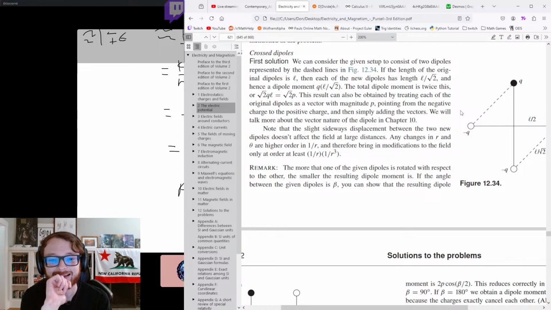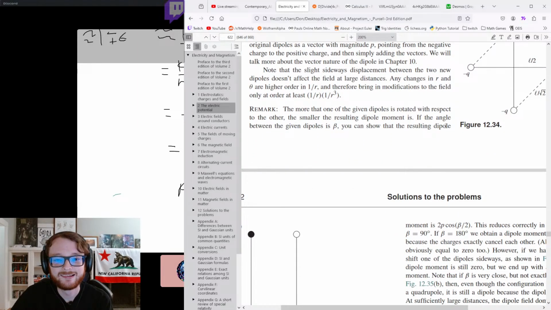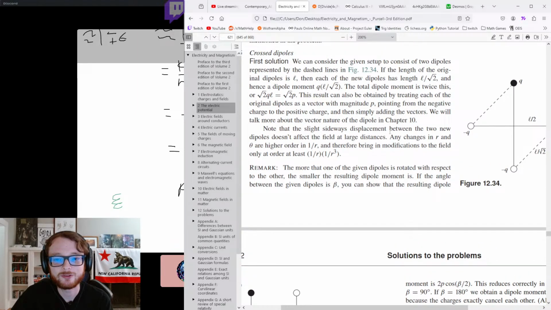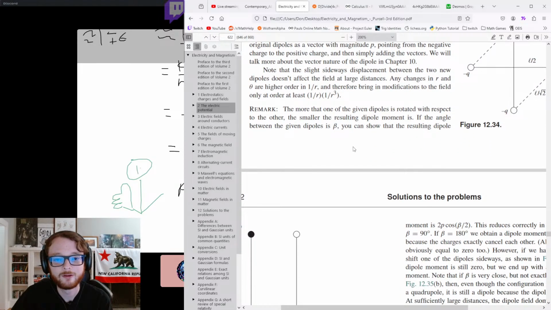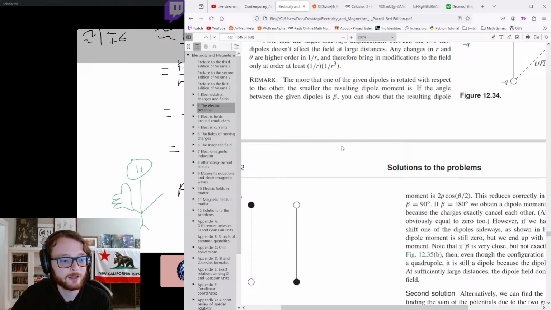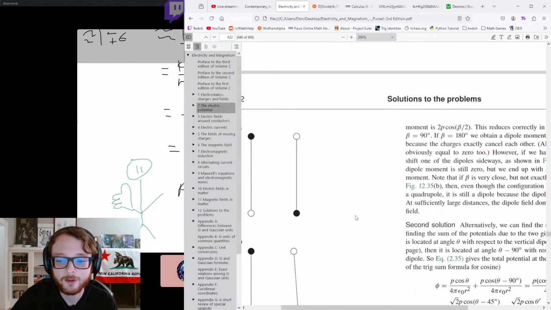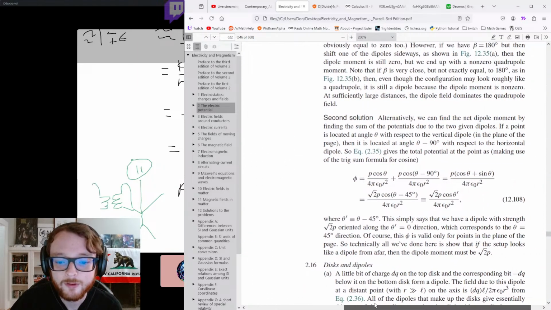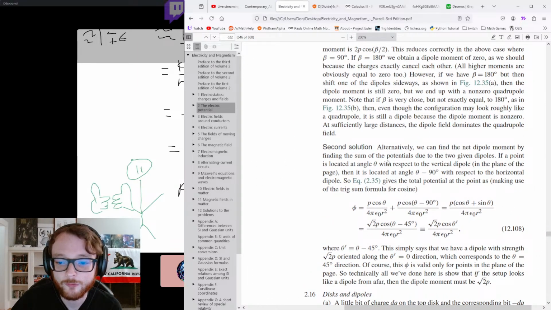Okay, yeah, they do get added, because each one is QL over root 2, and you add those two together. And no worries, I appreciate you even thinking of it. So what do they do with the second solution? Is this the hard way?